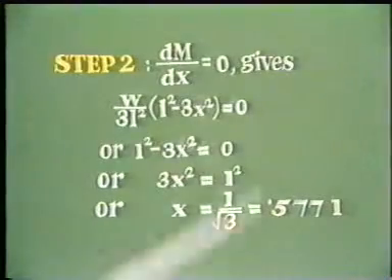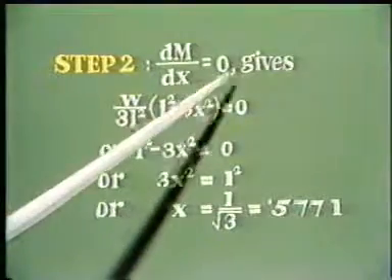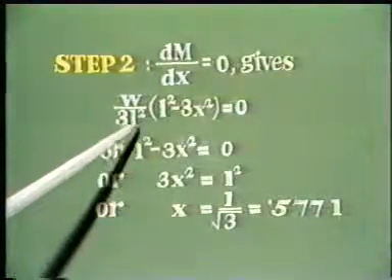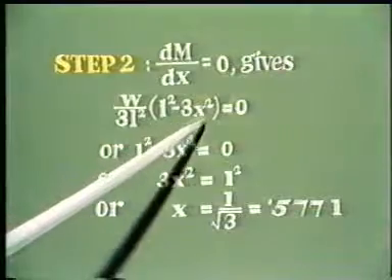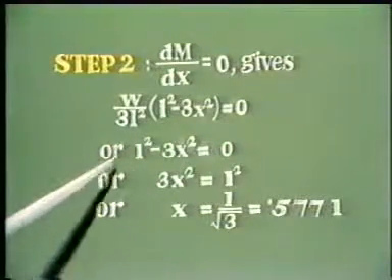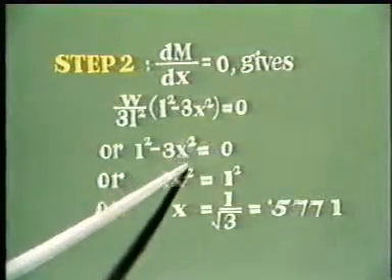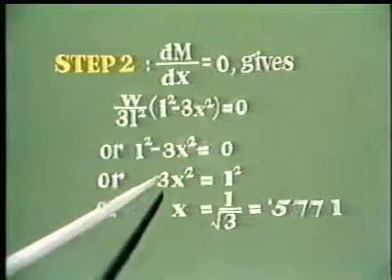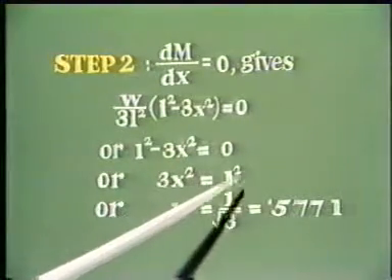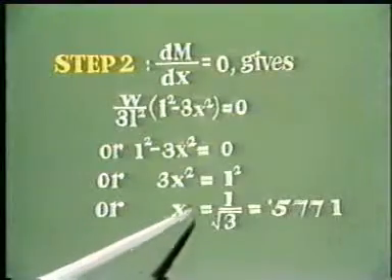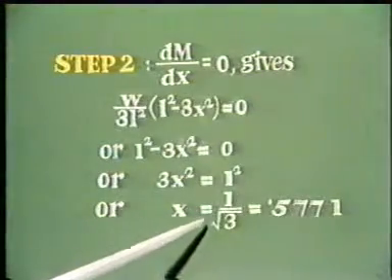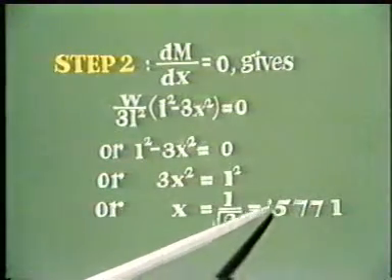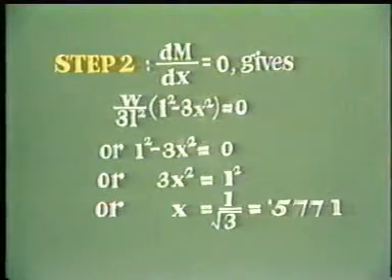Step 2. dM over dx equal to 0 gives W over 3l square into l square minus 3x square equal to 0, or l square minus 3x square equal to 0, or 3x square is equal to l square, or x is equal to l divided by root 3, equal to 0.577 l.